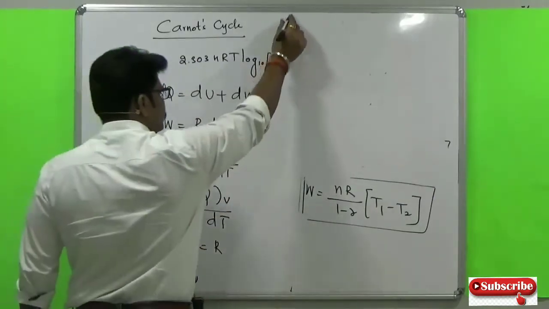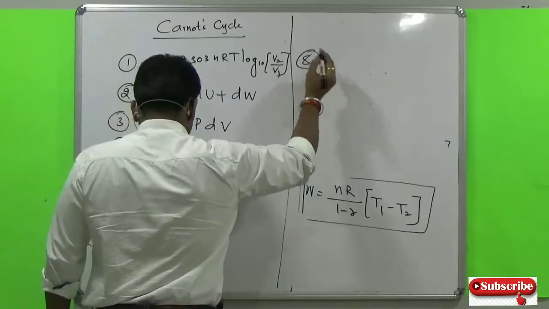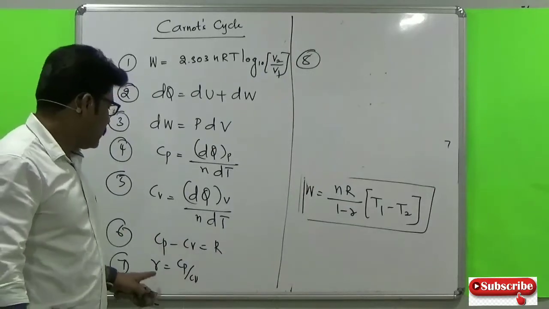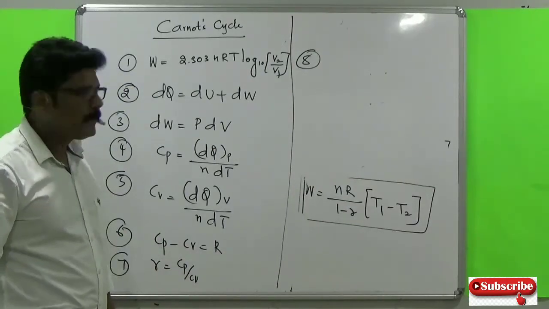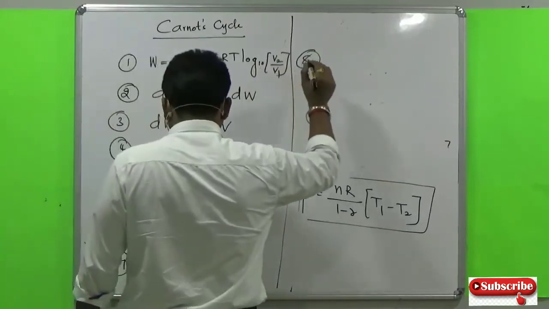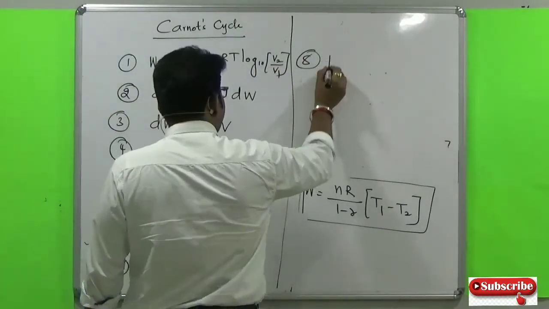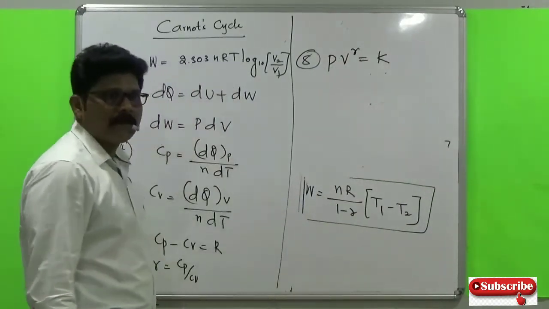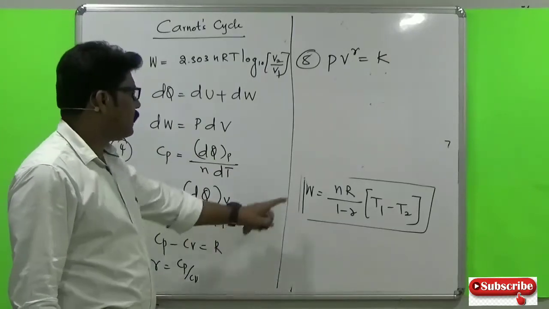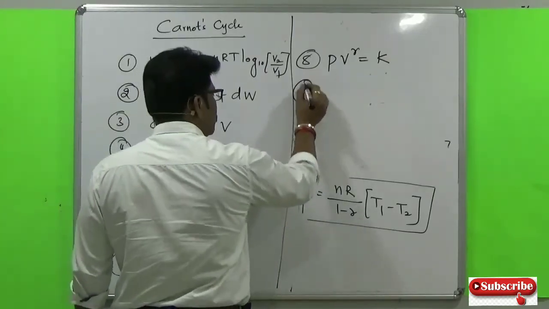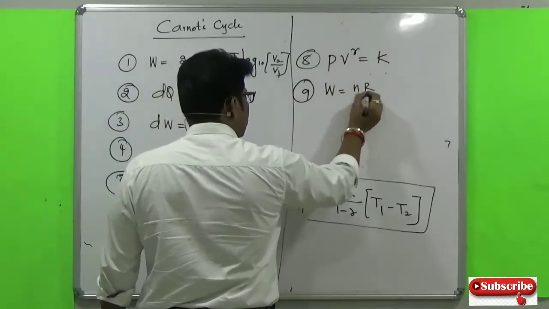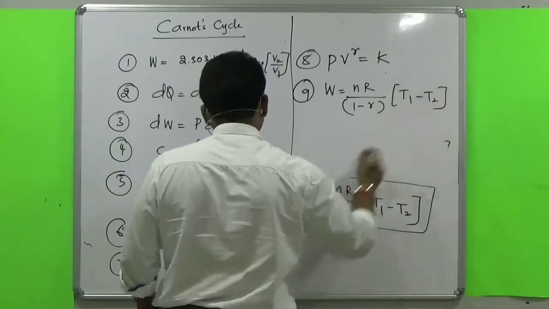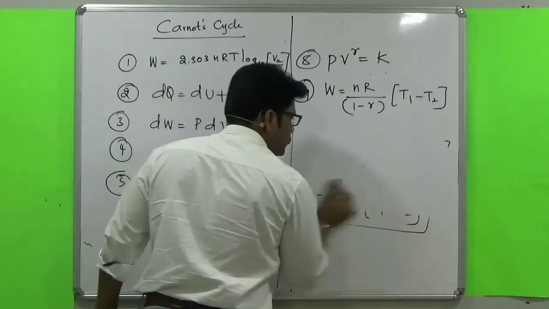Next, eighth one, we discussed PV power gamma equal to constant in adiabatic process. Then work done, ninth one, work done equals to nR by 1 minus gamma into T1 minus T2. So these are the things we learned in this one.